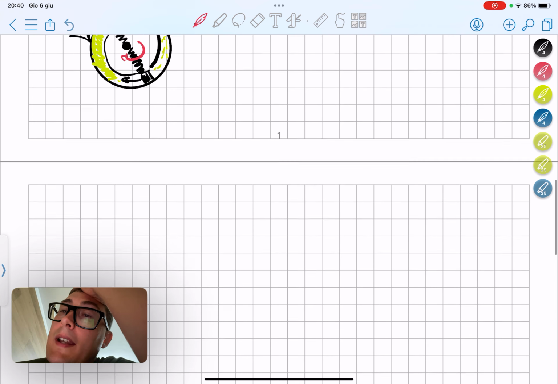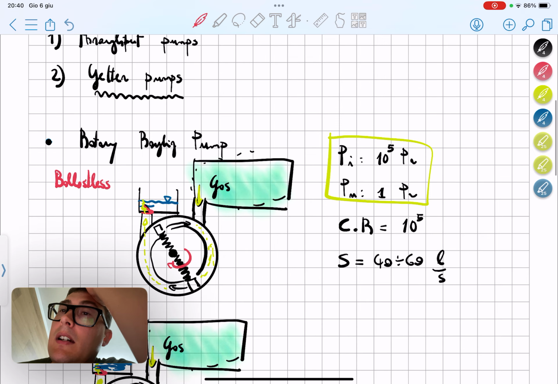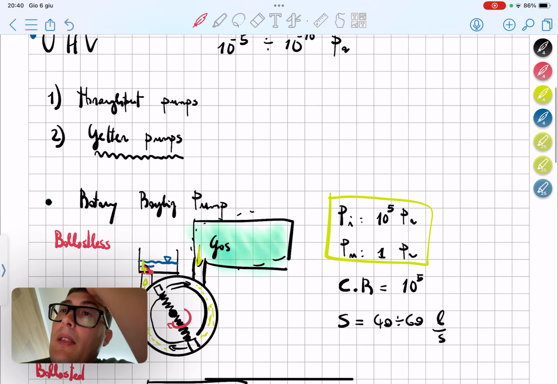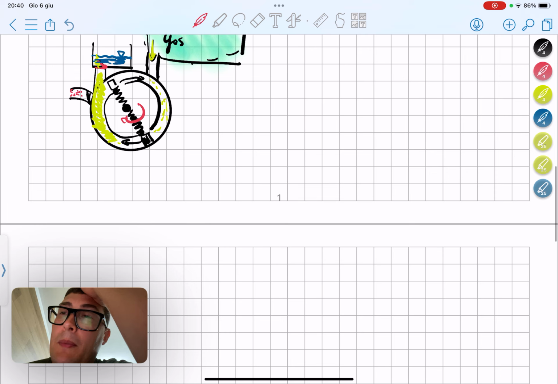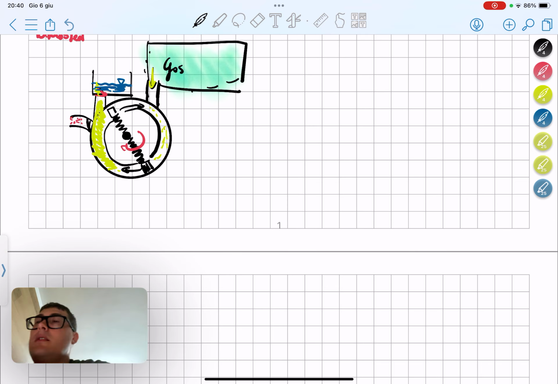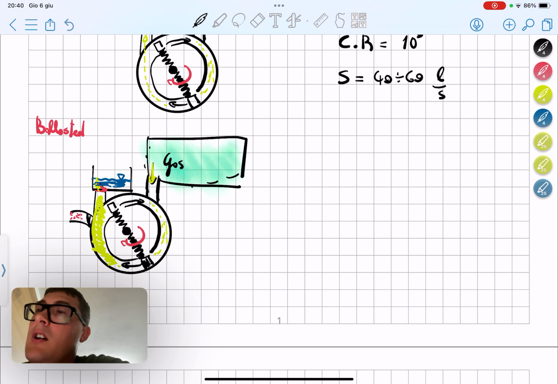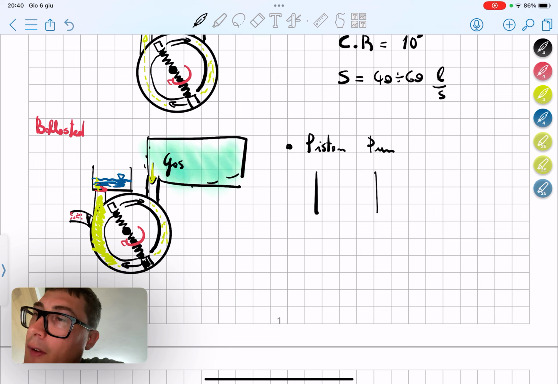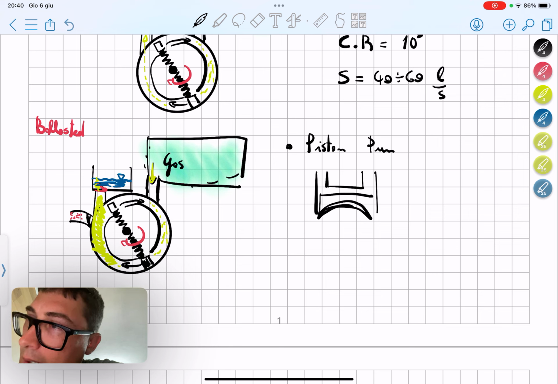Okay, so another type of these throughput pumps, which is a mechanical one, is something like a piston pump, in which, if you've ever seen a cylinder of an engine, it's something similar. So there is a piston in a cylinder.